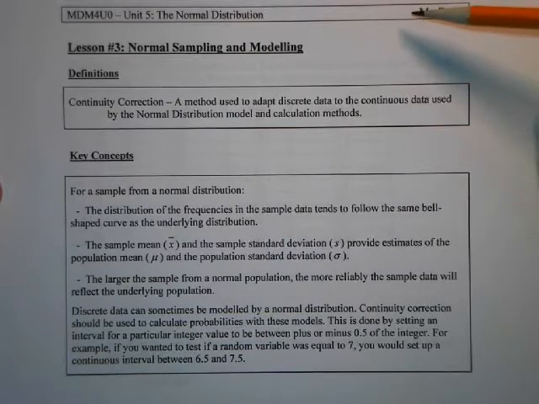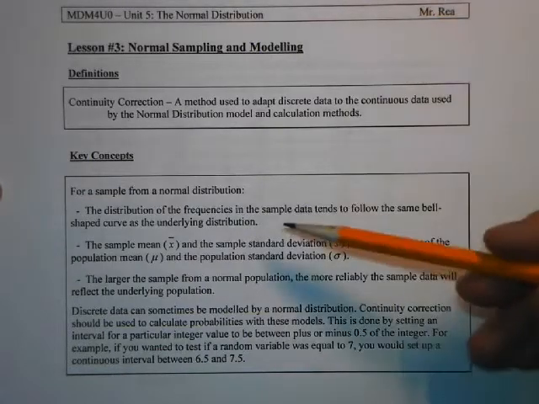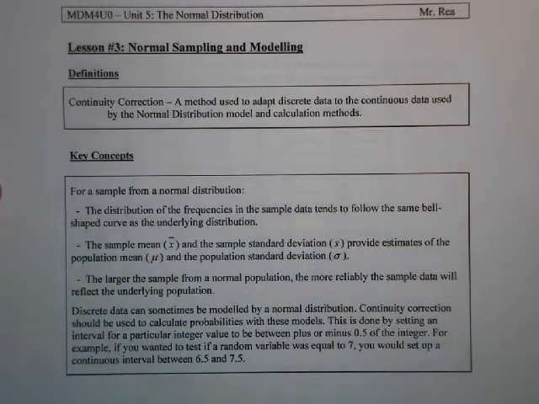take a sample of a population that is normally distributed, and we can actually assume to a certain degree that the sample of any normally distributed population will be distributed normally as well. Okay, so there's a few assumptions here.